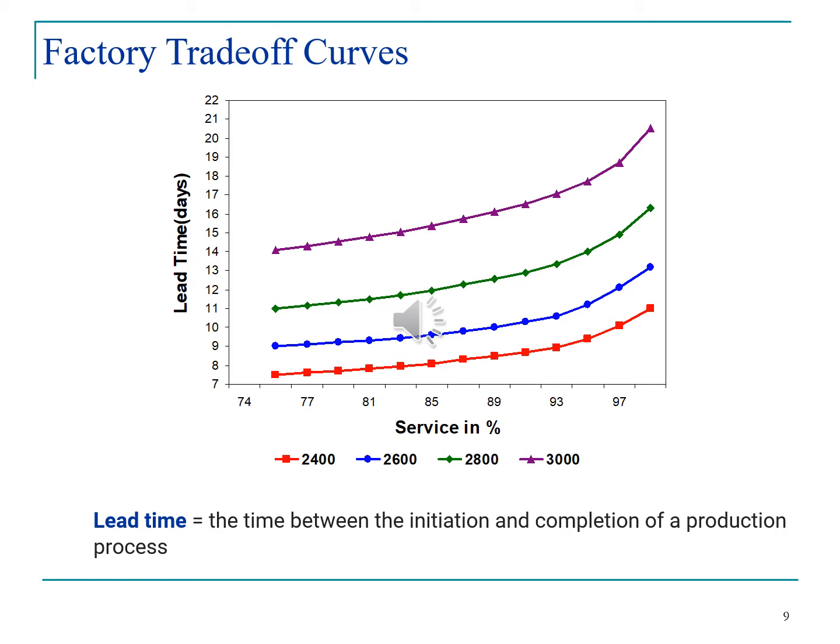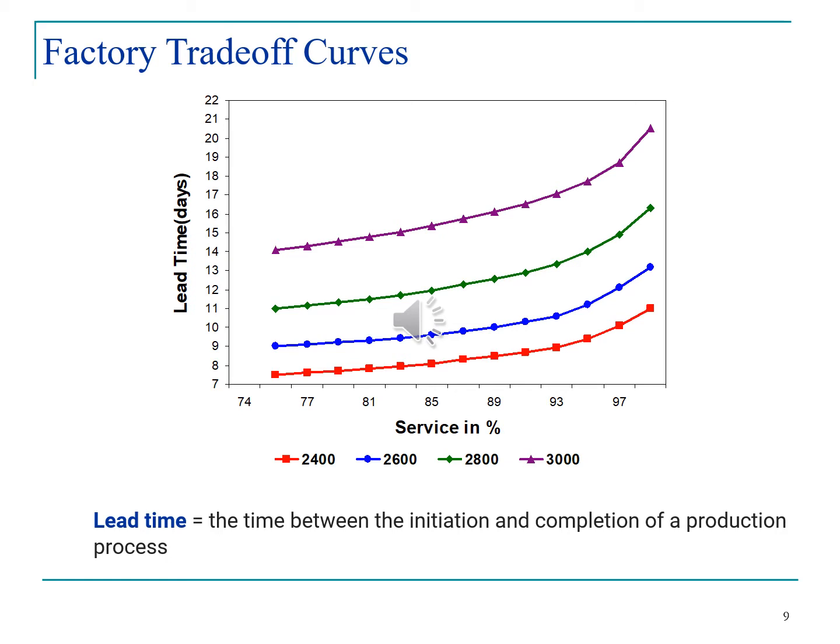So using this information, we can make decisions, or provide feedback and insight, in terms of how possible it is for us to make a design for a manufacturing facility. If we want to meet that lead time of 10 days, you see that the production level should be around 2,400, which is the red line.